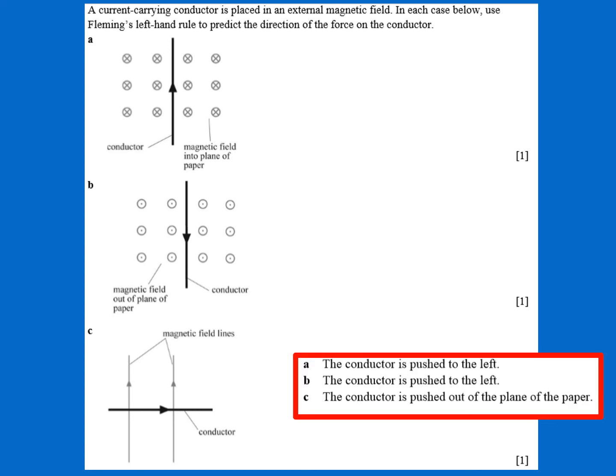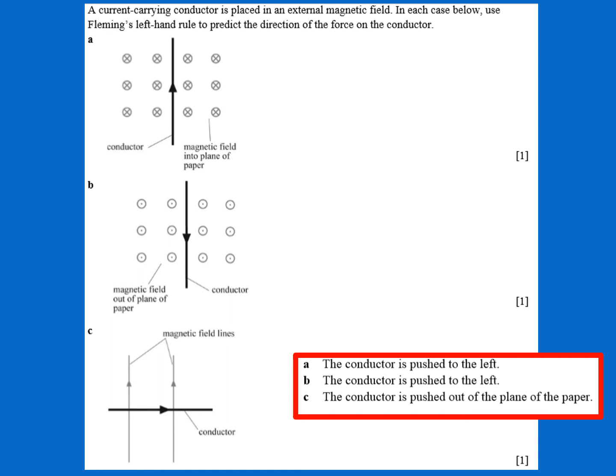So if you manage to get them correctly, A, push towards the left, so first finger into the paper, second finger upwards, direction to the left. B, outwards, so your finger has to point out.